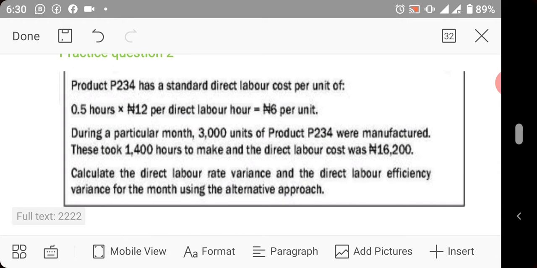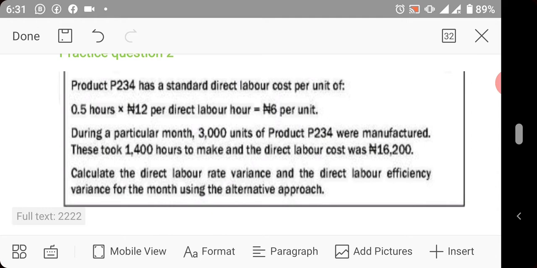Now, product P234 has a standard direct labor cost per unit of 0.5 hours and 12 naira per direct labor hour, and is equal to 6 naira per unit. So this implies, I'm explaining now, then after this we'll continue the reading of the question.